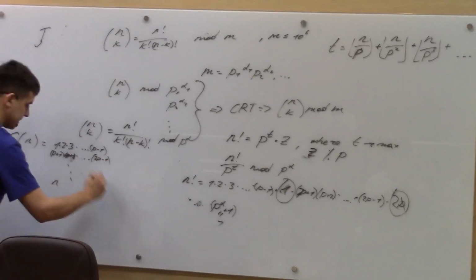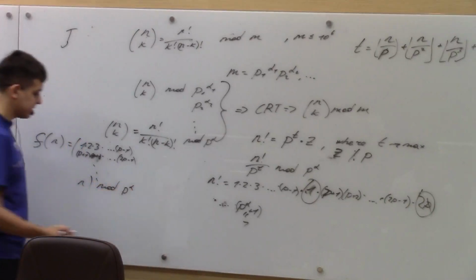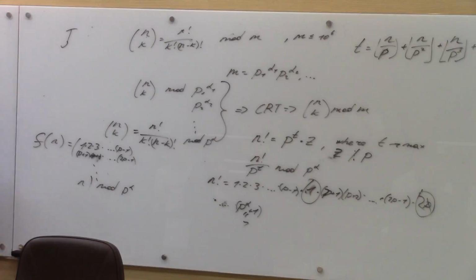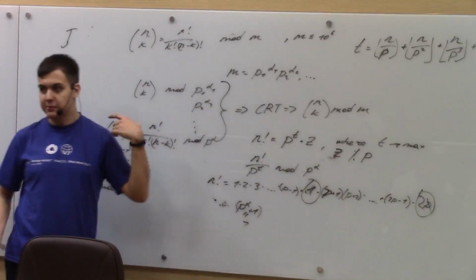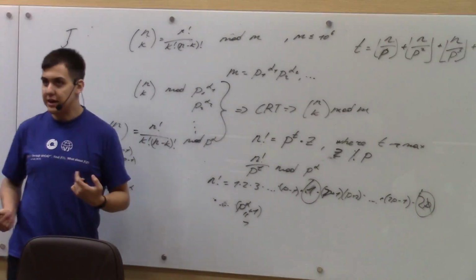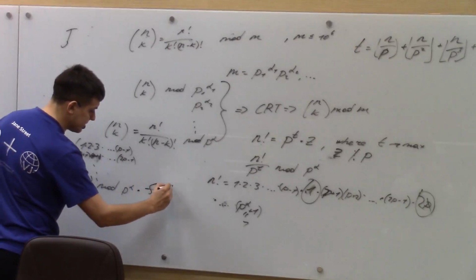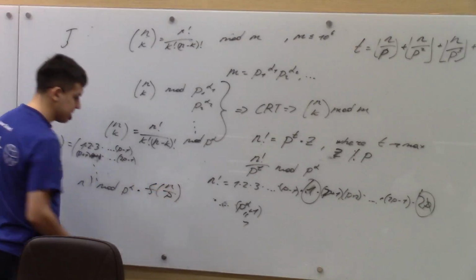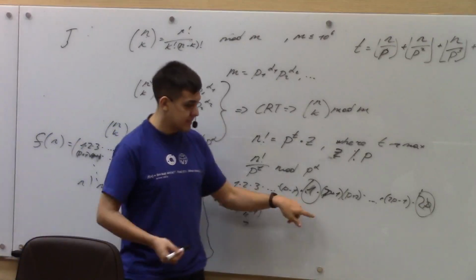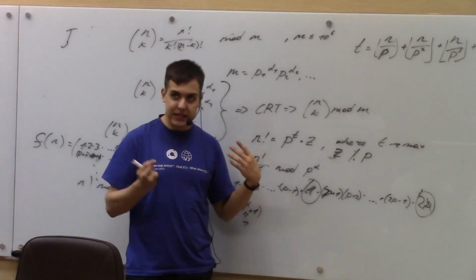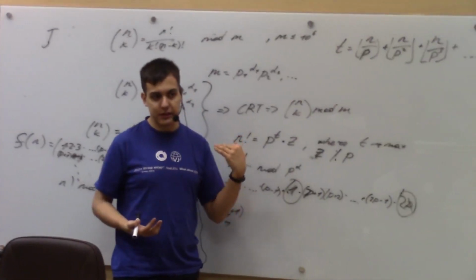And we take all of this mod p to the power of alpha. And now we have to deal with 1 times 2 times 3 times 4 and so on. Well, it turns out this is just f of n divided by p. So this is the same factorial. On all these places that contain p as a factor, now we get the same factorial that we needed to calculate.